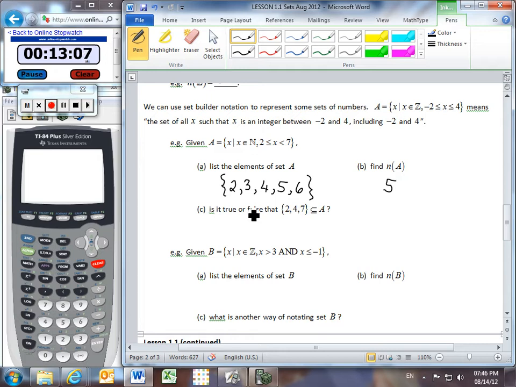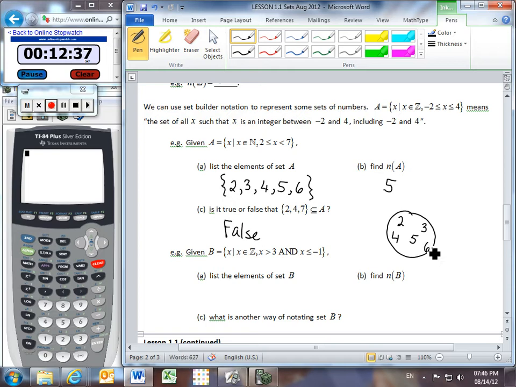Is it true or false that the set {2, 4, 7} is a subset of set A? Well, in fact, this is false. Although 2 and 4 are indeed parts of A, 7 is not a part of A. If I drew a Venn diagram of the situation, we can draw set A like this. We've got 2, 3, 4, 5, 6.